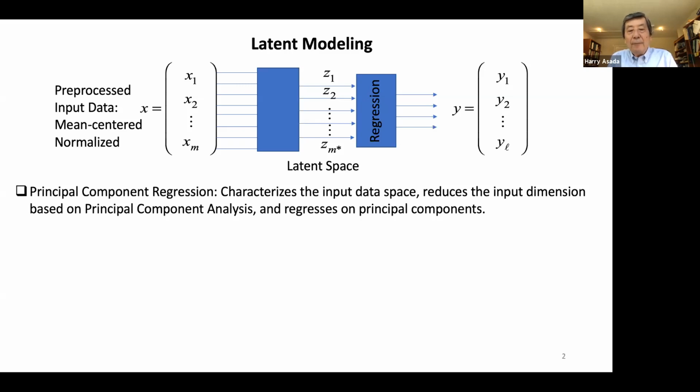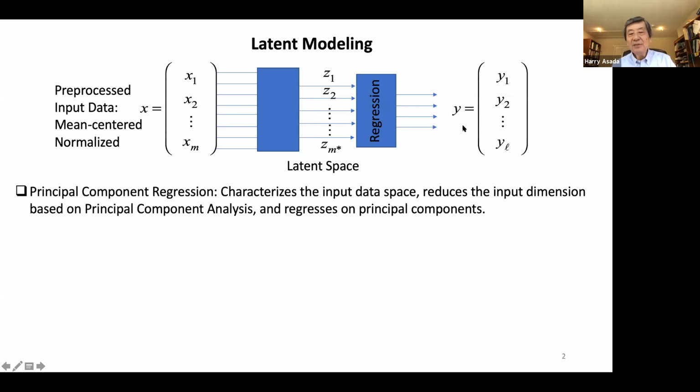Okay. And it turns out the high dimensional input space can be reproduced with just a fewer number of latent variables, a low dimensional set of variables z1 to zM star. We call this the latent space. And to predict the output y, we regress on these latent variables.